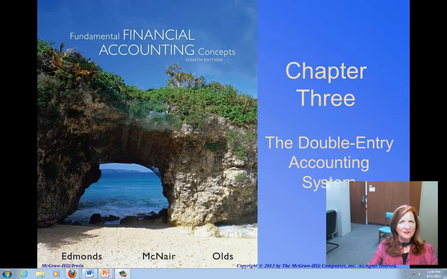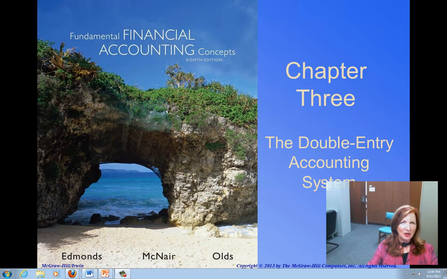On the other side of the equation, liabilities, owner's equity, and revenues are all increased with credits. So there are really these 6 categories of accounts: assets, expenses, and dividends are all increased with debits, and liabilities, owner's equity accounts, and revenues are all increased with credits.